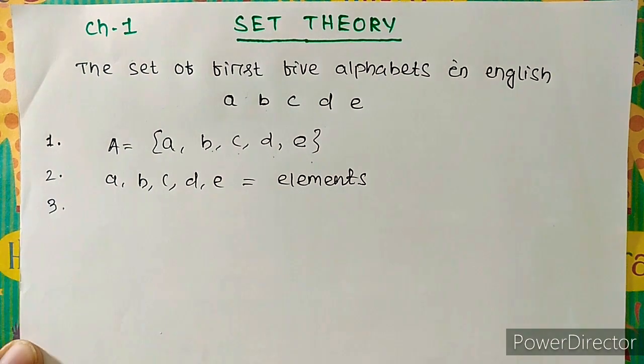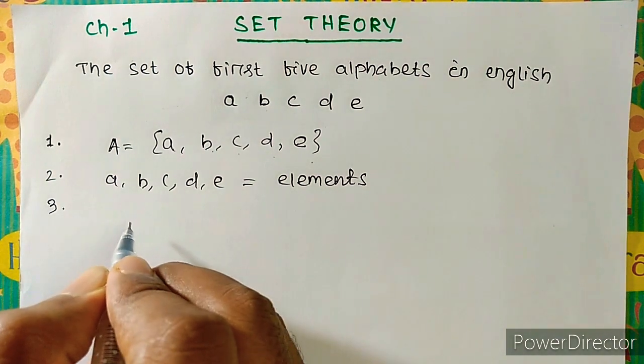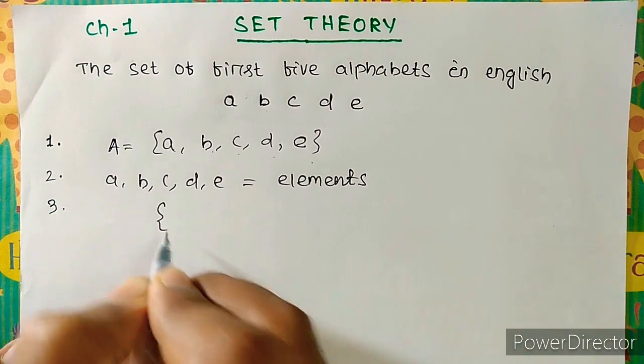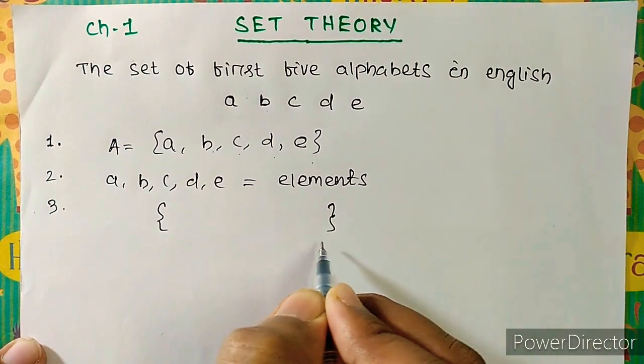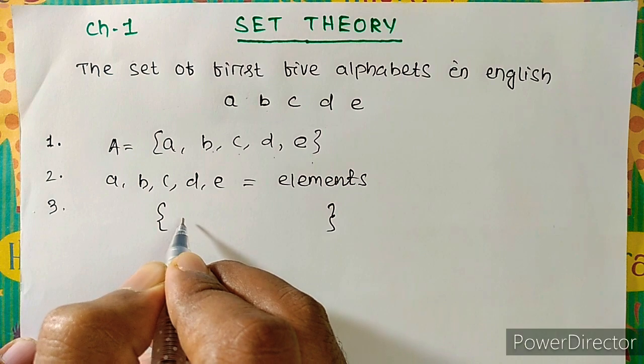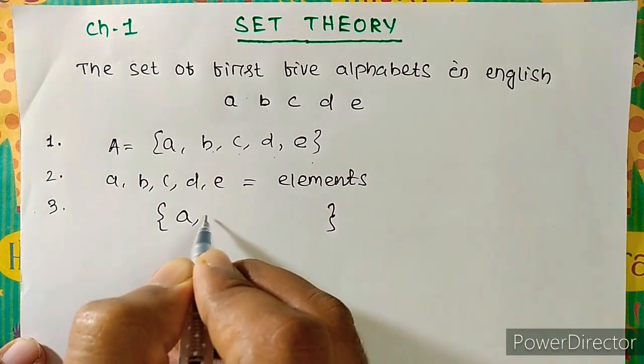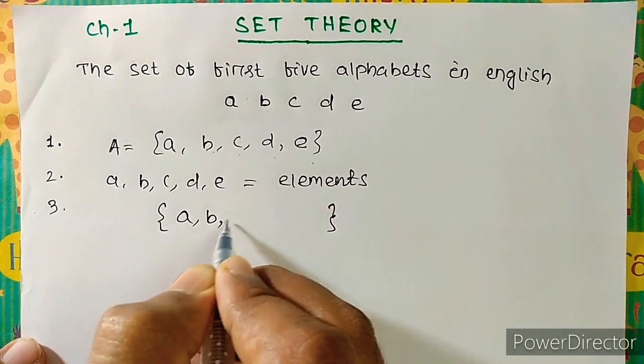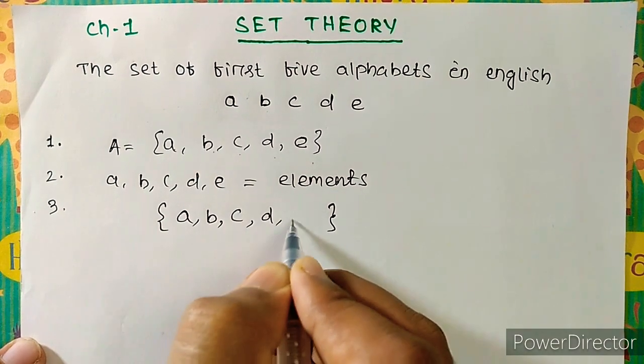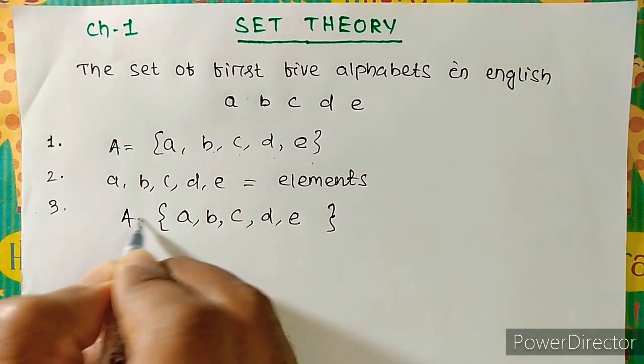The third one is that the elements are enclosed in curly brackets and separated by commas. While writing the elements we use curly brackets and commas: A, comma, B, comma, C, comma, D, comma, E.